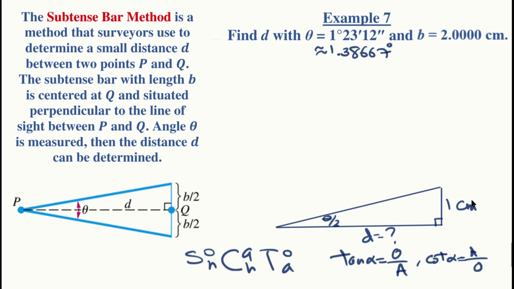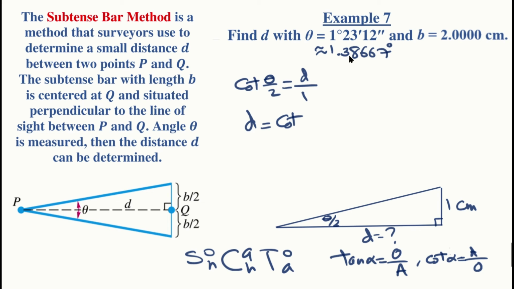But either one can be used in actuality. So we get cotangent of theta over 2 equals the adjacent side, which is D, over the opposite side, which is 1. See how nicely that works out? Because D over 1 is just D, so we get D is equal to cotangent.